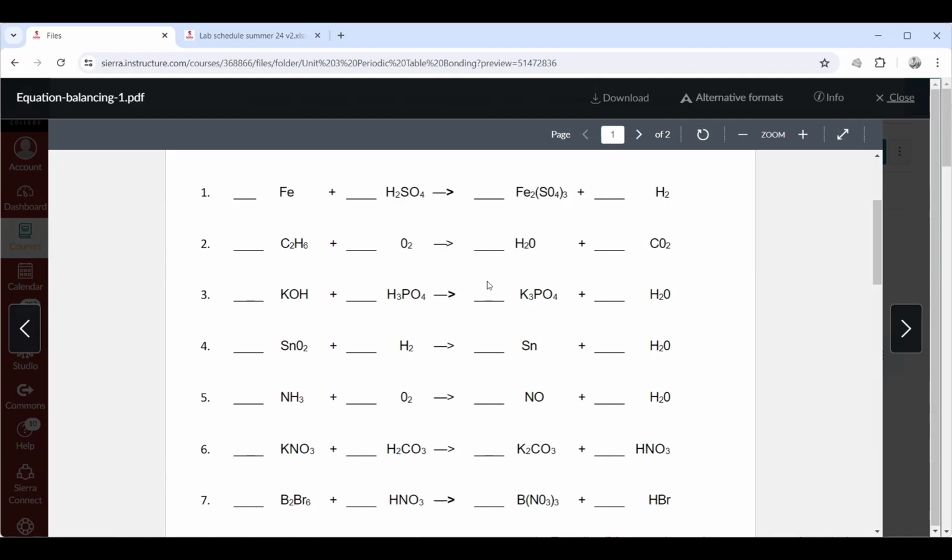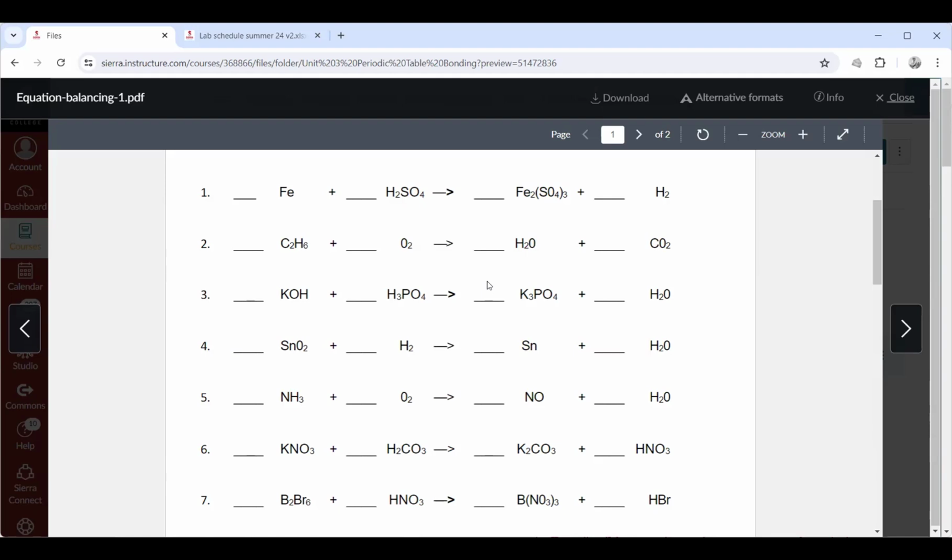Cross it off. Your initial inventory should have said 2, not 1. Yes, because there's 2. Okay, so now we have 6 hydrogens here, but only 2 over here. How can we change that? Cross it off, put a 6. So you always do inventory, that way you know where you are. So if there's 2 here, can we keep that? Or do we have to multiply?